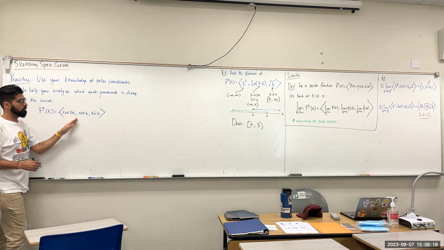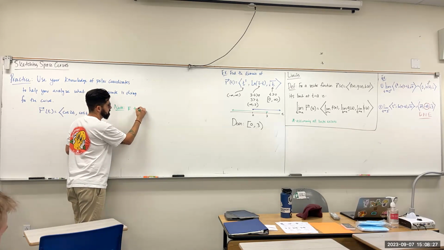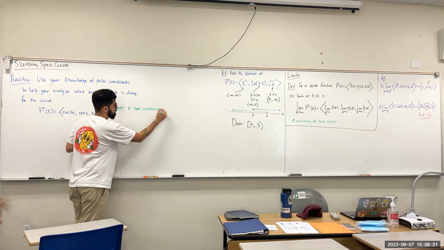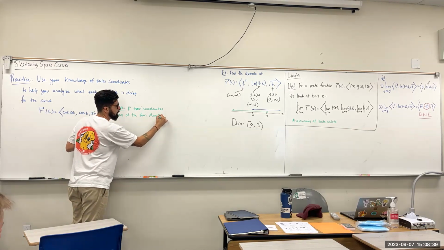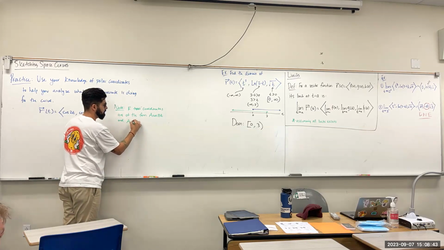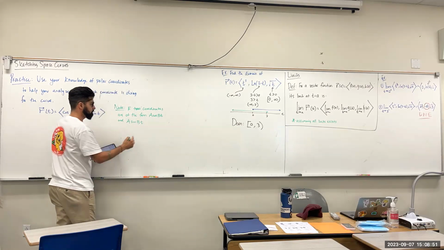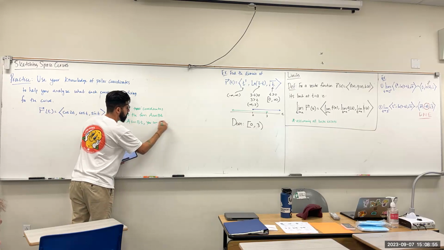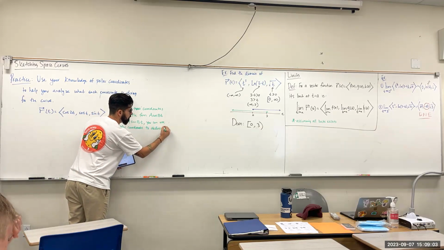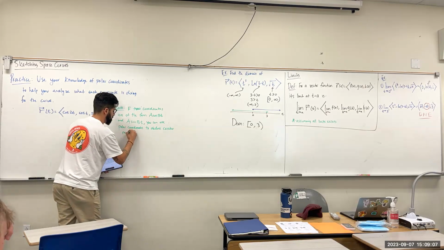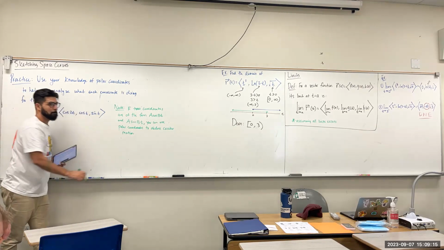One thing you're going to want to use is if two coordinates are of the form A cosine Bt and A sine Bt, you can use polar coordinates to deduce circular motion. There'll be circular motion in the YZ.